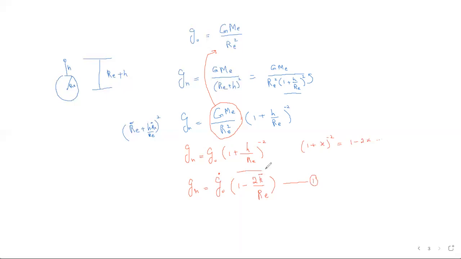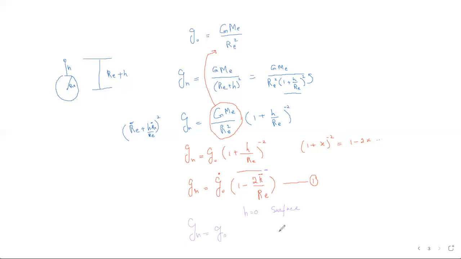When will it be 0? When h is equal to 0, that is, when we are at the surface, isn't it? Then this part is 0 and we are left with 1 times g naught. That means gh is equal to g naught.